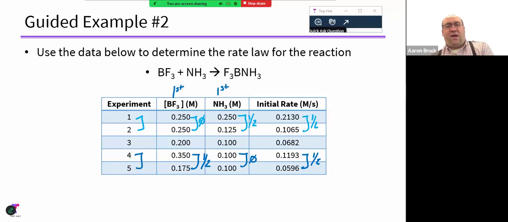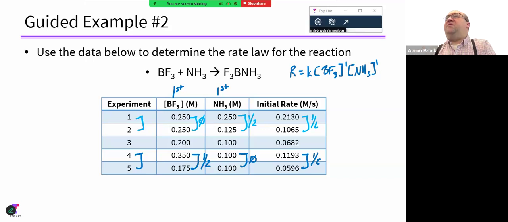So we have determined that each of our reactants is first order. So the rate law is going to be K, the rate constant, times boron trifluoride to the first power, times ammonia to the first power also. That is our rate law.